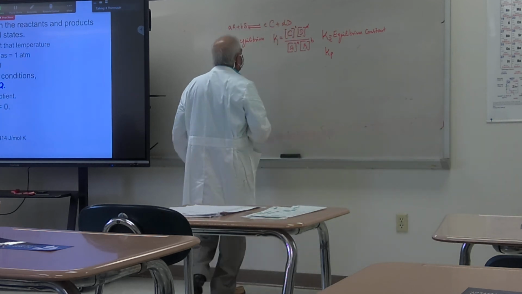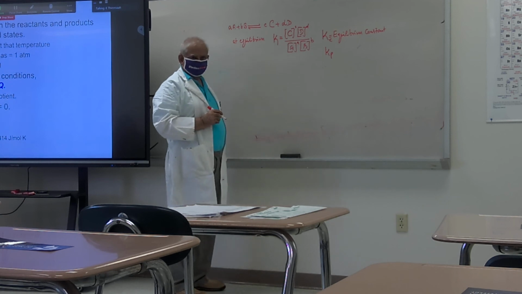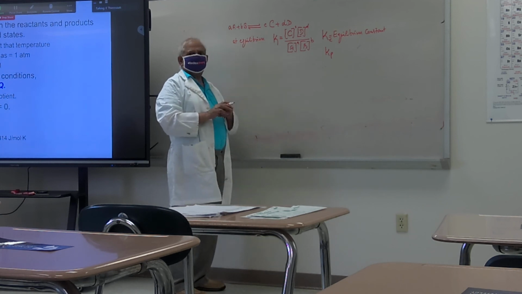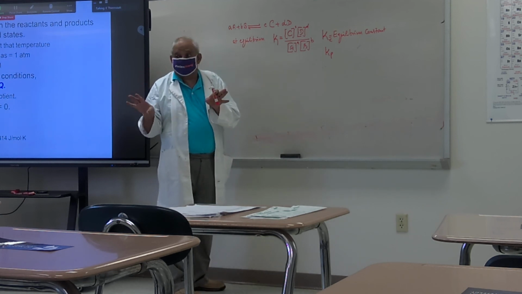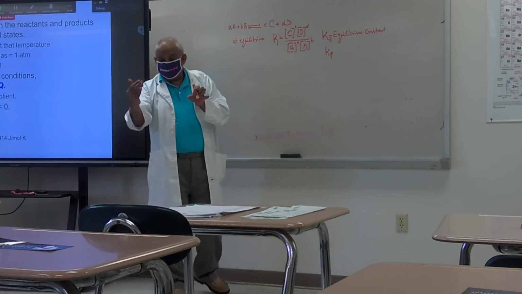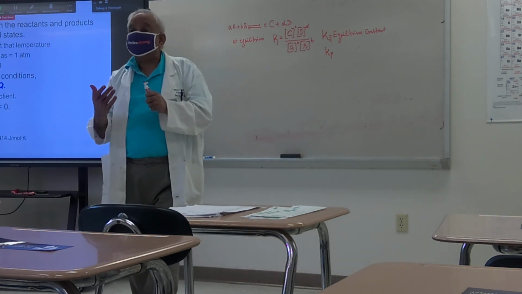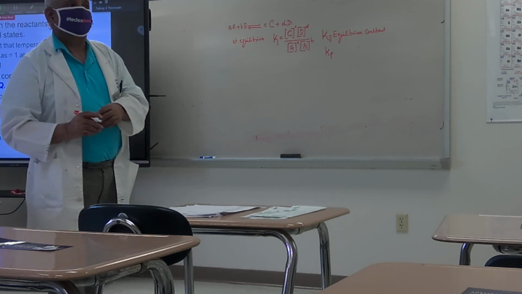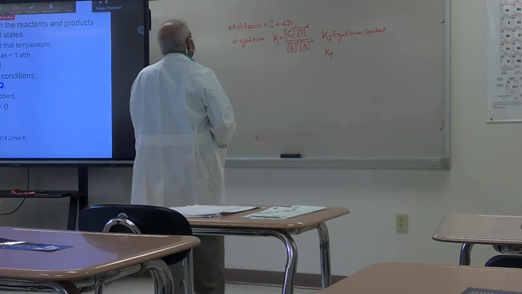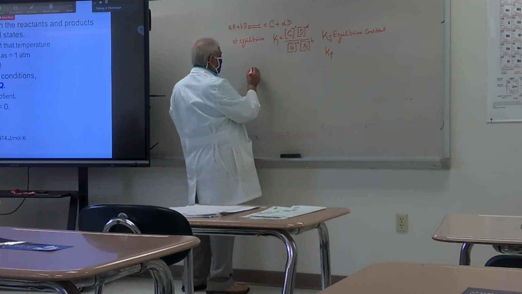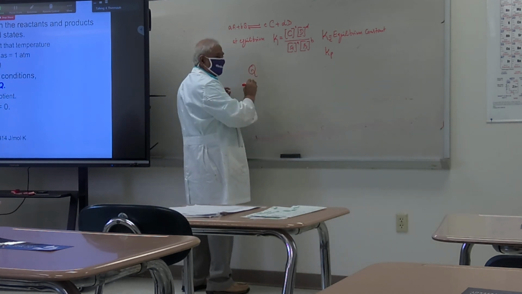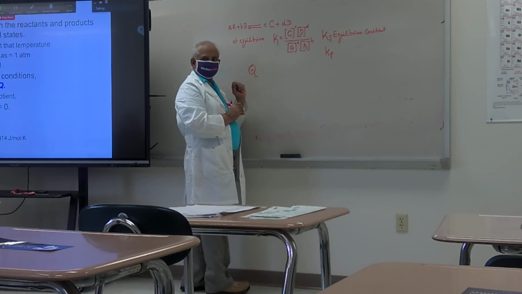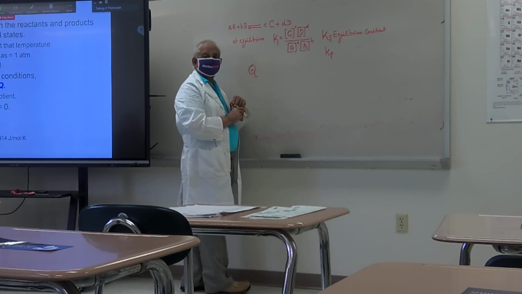Now, if you apply the law of mass action to this reaction which is not at equilibrium yet, before the reaction reaches the state of equilibrium, then we do not represent this by K, instead we are going to call it Q. Remember? What is Q called?